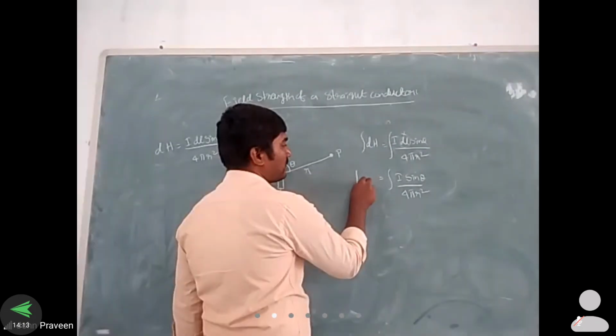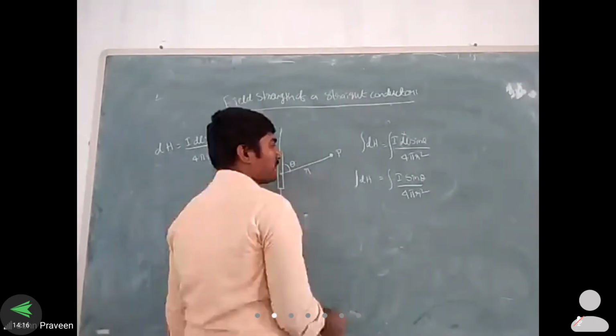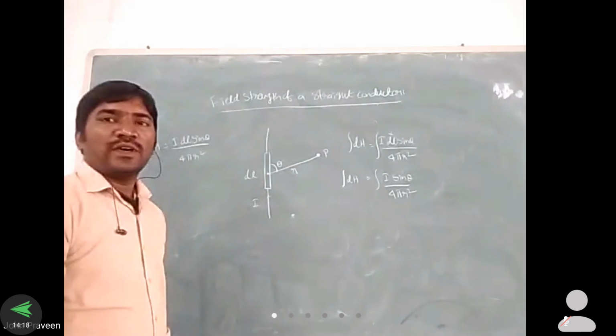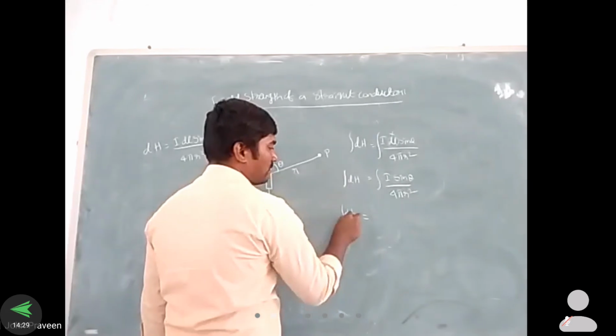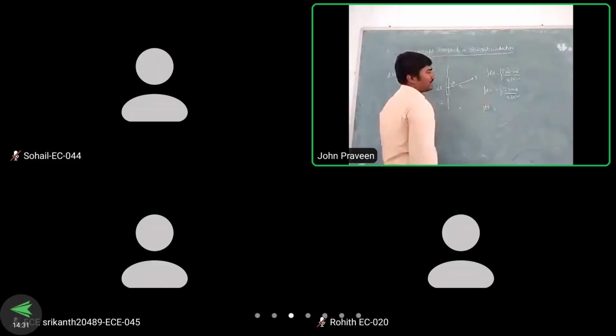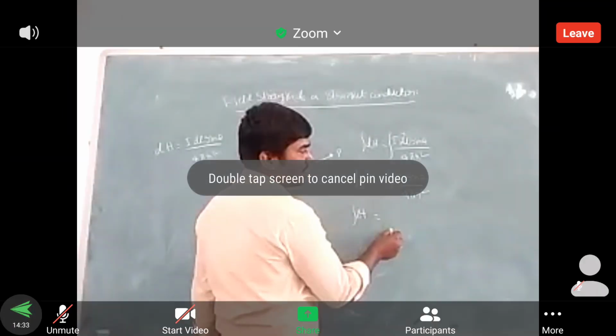So integral of dH. If we apply the integral on both sides, we get a constant, that is H. So what is the constant here?